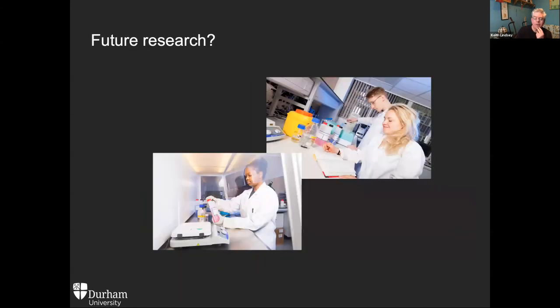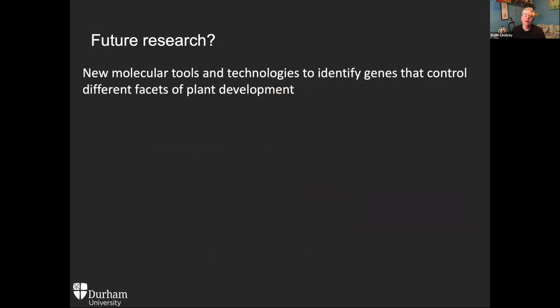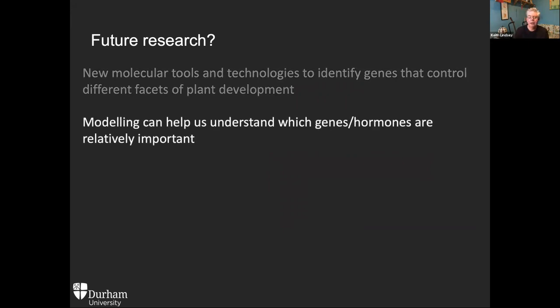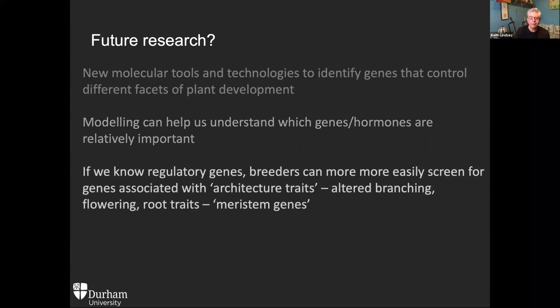Where's all this going in the future? We're rapidly developing new technologies, new molecular tools to allow us to understand the genes that underpin important traits that affect the development, the architecture of plants. Mathematical modeling can help us understand how genes and hormones interact together to understand mechanisms better.